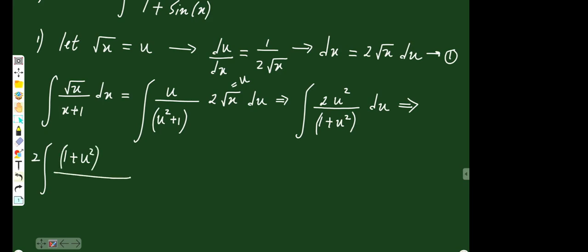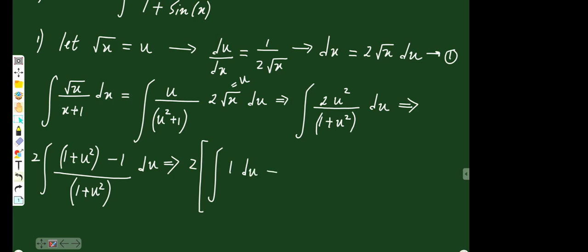And then divide by 1 plus u squared. So there is an extra 1 you introduced, you minus it, right? So then you get 2 times the integration of 1 du minus the integration of 1 divided by 1 plus u squared du.